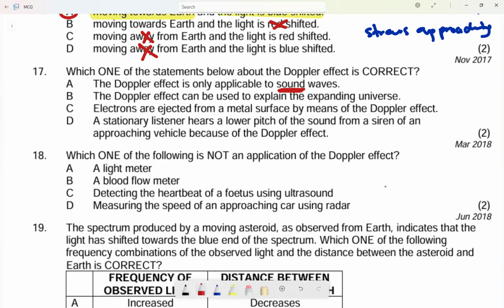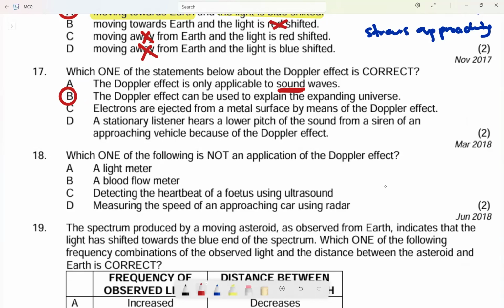Yes. The Doppler effect can be used to explain the expanding universe. Remember, if the stars or the spectrum lines are moving towards the redshift, we are saying the universe is expanding.